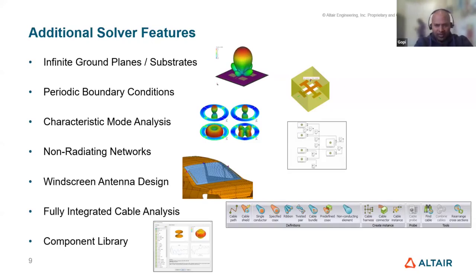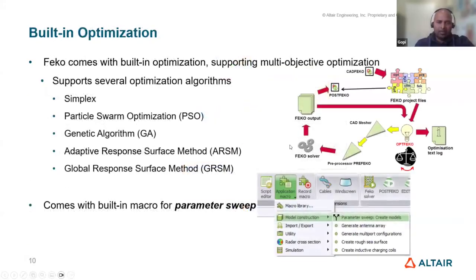Or if you want to optimize the design or tweak the design for a different application, then you can also set up optimization with a fully parametric design and optimize the design for the new application. Okay. As I said, optimization is completely integrated into Feko, and there are several different optimization algorithms available within Feko. So we can go over them when we do a live demonstration.